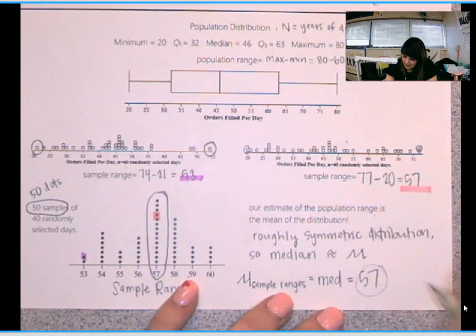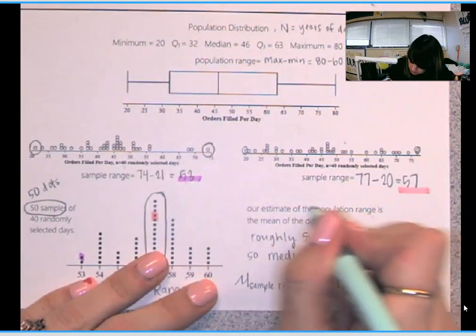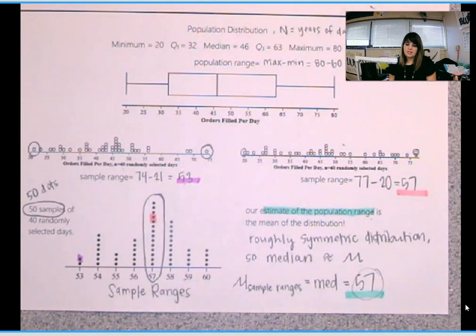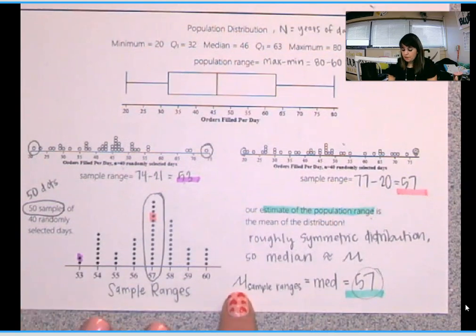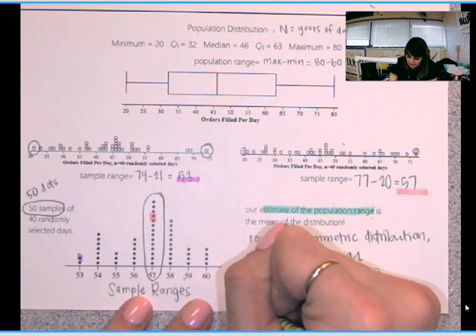This is our estimate of the population range. So right here it says our estimate of the population range is 57. Remember, this mu of sample ranges is the same thing as the mean.